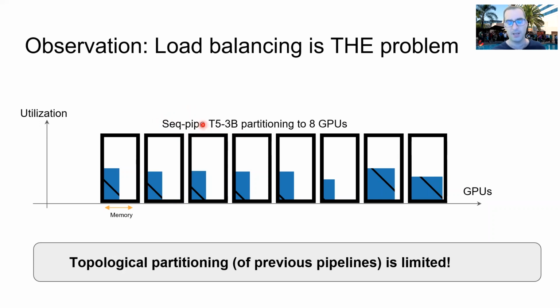I want to mention that the original PipeDream partitioning, which can find the optimal SeqPipe using a dynamic search, did not work, and we had to add to it a memory constraint which limited the pipeline and resulted in a bad load balance. Without our addition, PipeDream got an out of memory error. So we see that topological partitioning of previous pipelines is limited.